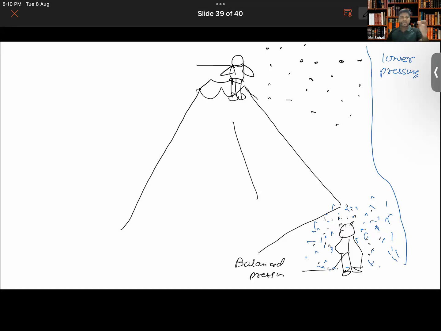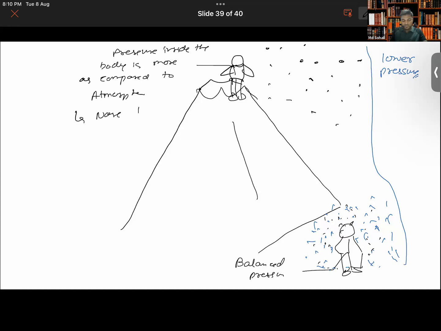Hence, in many cases, you will see that blood comes out of the nose. Nose bleeding is observed here. So the pressure inside the body is more as compared to the atmosphere, hence nose bleeding occurs.